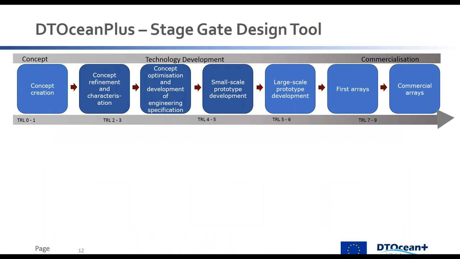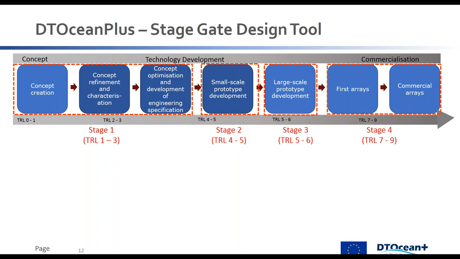But to zoom in on the stage gate design tool, along this whole technology development pathway, the stage gate process is defined by splitting this up into clear defined stages. So for example, if I put a box around stage 1, that's concept creation up until the development of an engineering specification, stage 2 and 3 are small and large scale prototype development, and stage 4 are the first arrays up until commercial deployment.